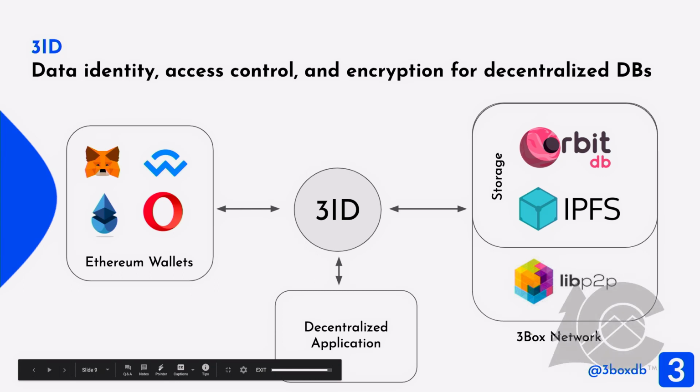We're using OrbitDB, which gives a database layer on top of IPFS there as well. And then we can see at the bottom, you can pull this into your decentralized application. So hopefully something you might be building this weekend at the hackathon, and it will allow you to access the user's data if they consent to it within your application. So that's kind of how it all plays together on a very high level.